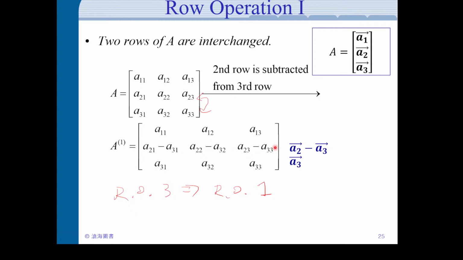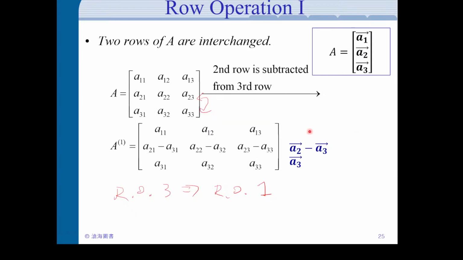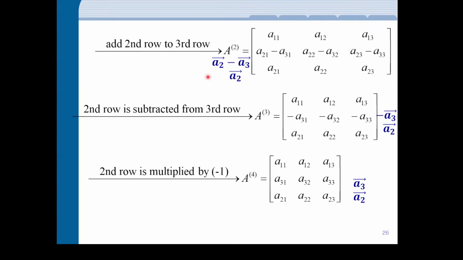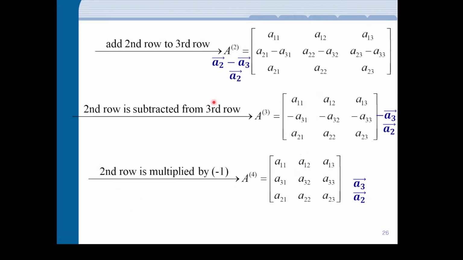The second row becomes A2 minus A3. Then we add the new second row to the third row, so the second row is still A2 minus A3, and the third row becomes A3 plus A2 minus A3, which is A2.